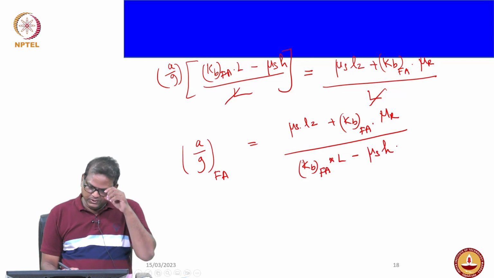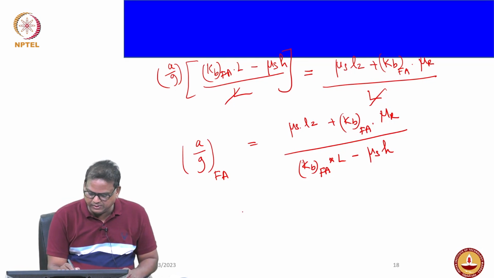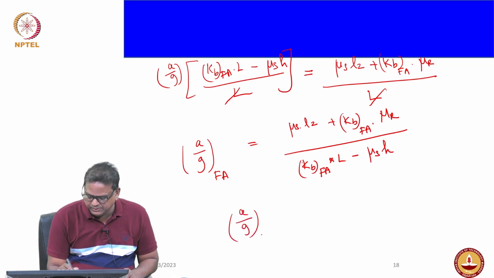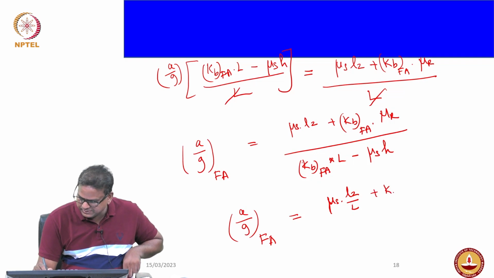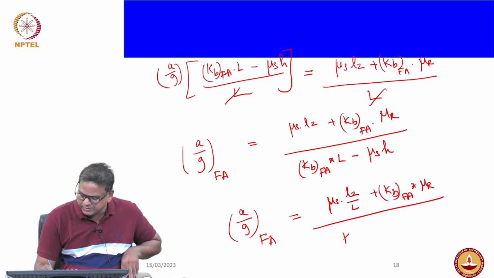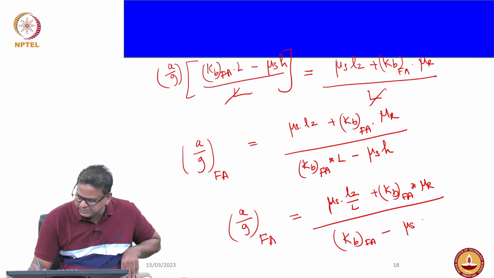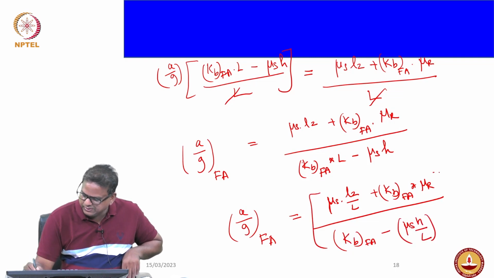This is what happened. So if I rearrange this equation, finally we arrive at a deceleration rate, A by G front axle, equal to mu_s L2 by L plus K_BF front axle mu R, divided by K_BF front axle minus mu_s H by L. So this is the equation, okay, you will get it.